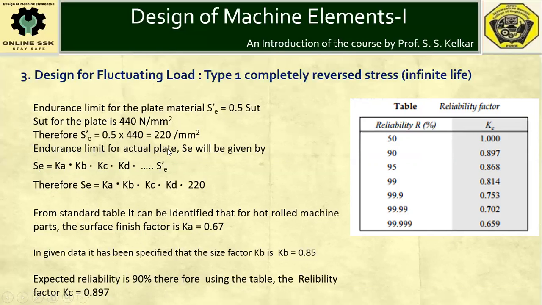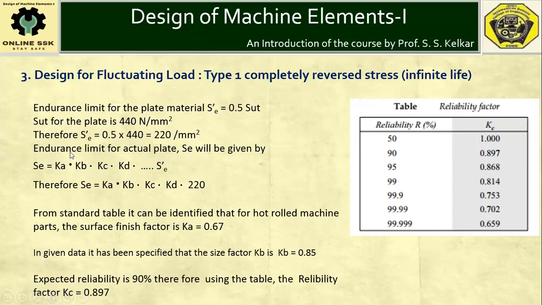The difference lies in the right hand term, sigma permissible, which for fluctuating stress is calculated as SE upon factor of safety, where SE is the endurance limit for the material under question. For calculating SE, we adopt the practical approach wherein first the endurance limit for the material of the plate, SE dash, will be calculated.